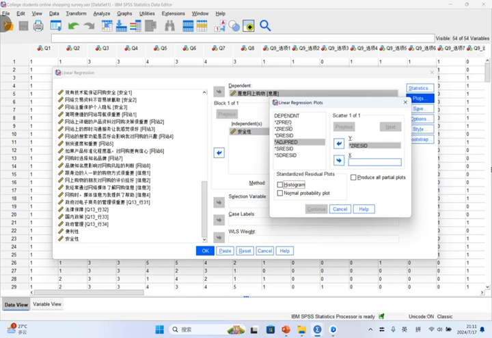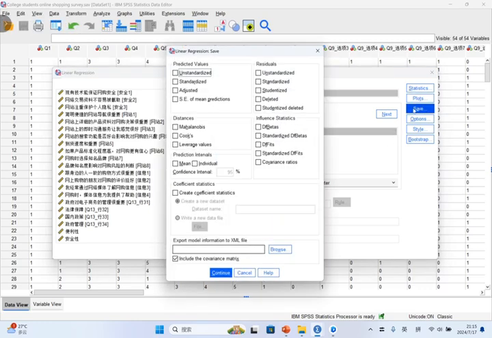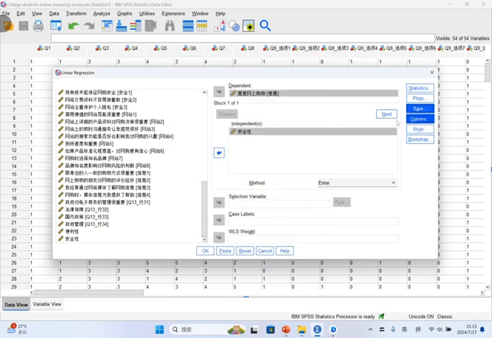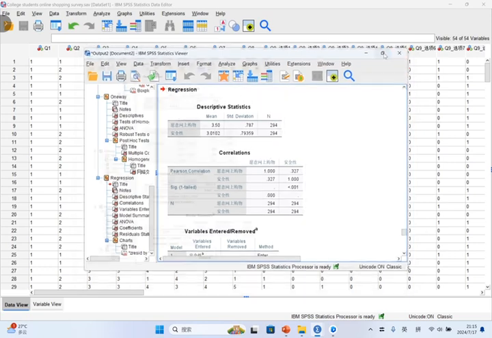We choose this one. Okay, we press continue, and we don't need to change this, and we press OK. Okay, this is the regression data.